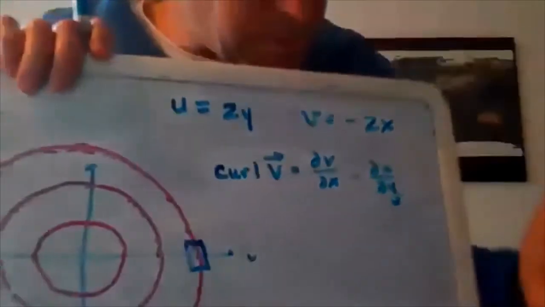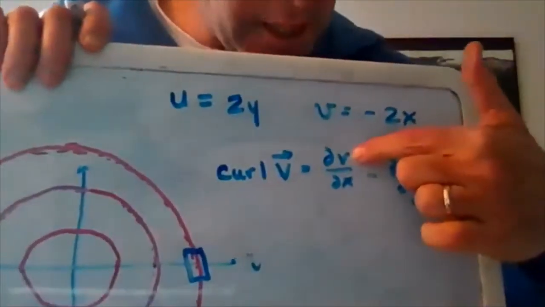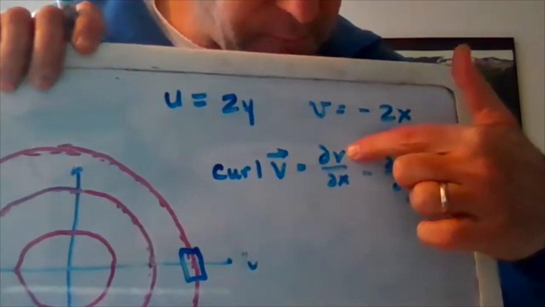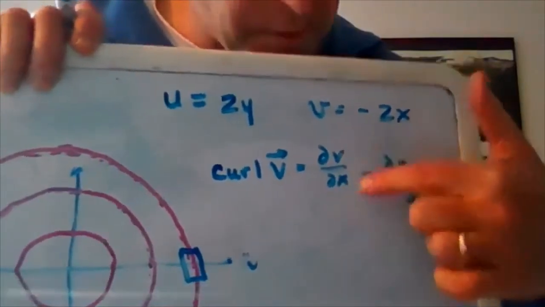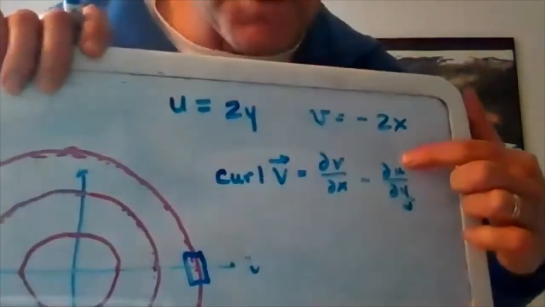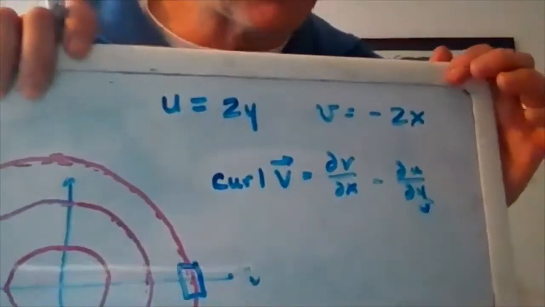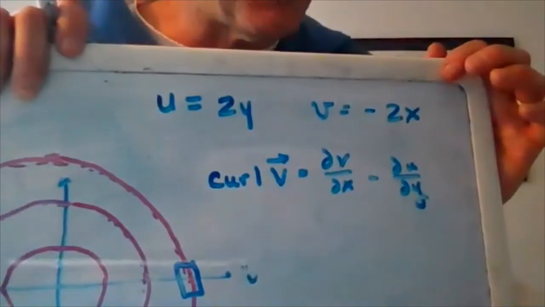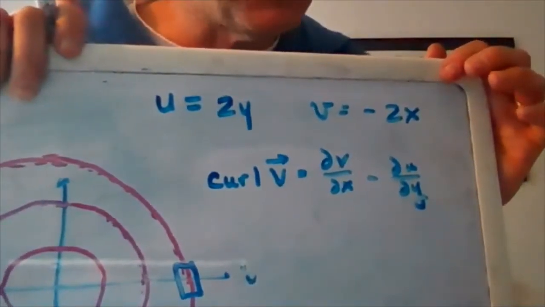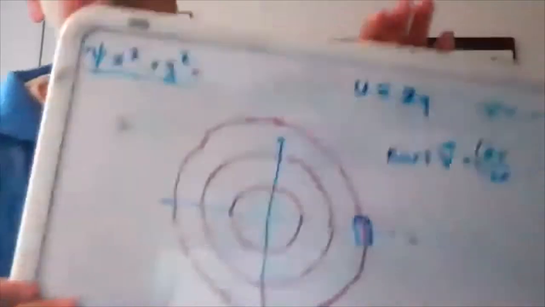In mathematical terms, it might be helpful to remember that we're doing cross derivatives. A lot of times we do the derivative of v with respect to y, but here we're doing the partial of v with respect to x, and then the partial of u with respect to y. So that's the curl of v. It's actually a vector, thought of as being in the z direction. So if you wanted to use vector notation, you would put a k hat at the end of that.